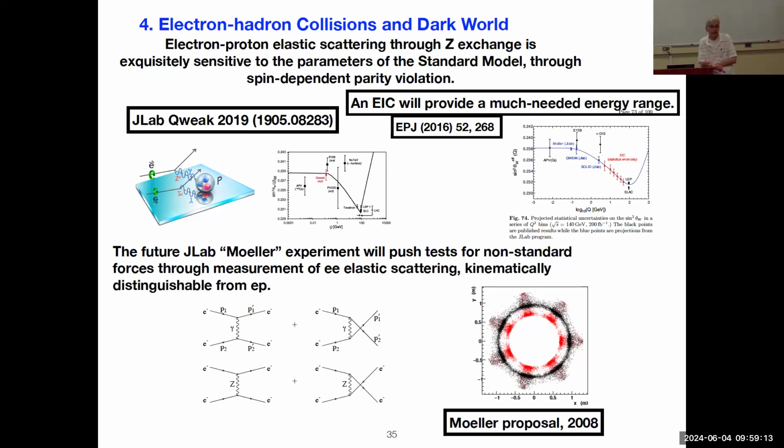And that's something which is going to be very important. Already also at Jefferson Lab, you have the MOLLER experiment, now funded, I believe, which will look at electron-electron scattering through photon and Z boson exchange, at levels of precision that are unprecedented.